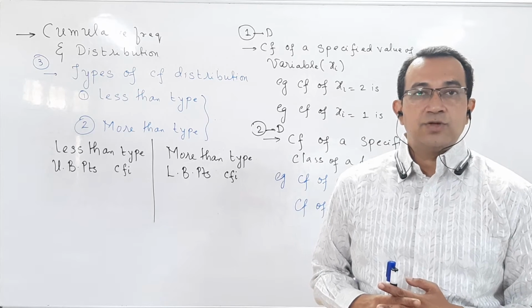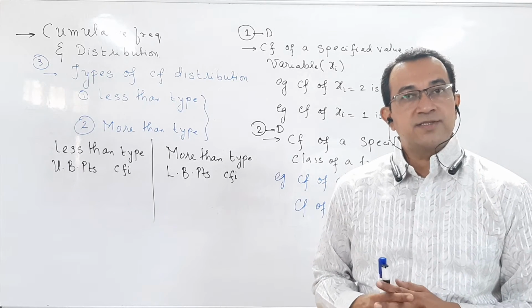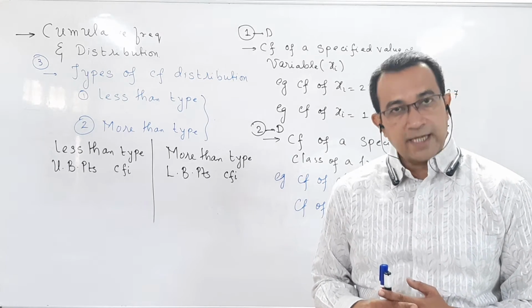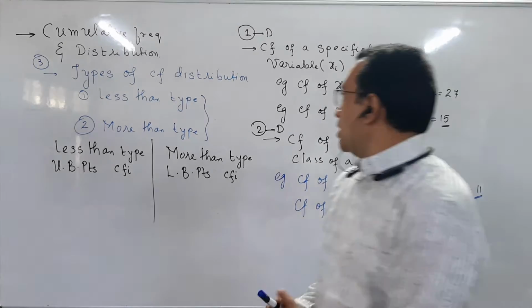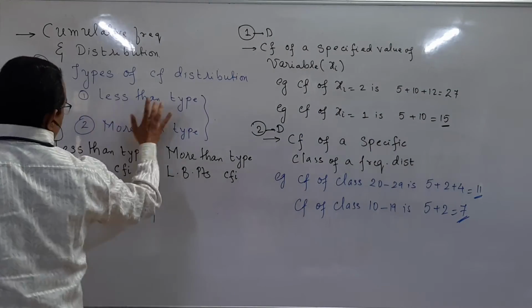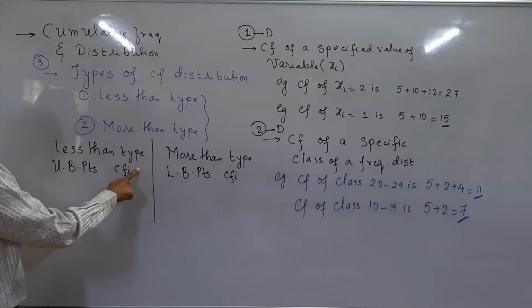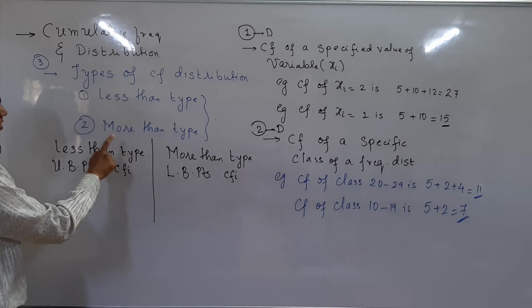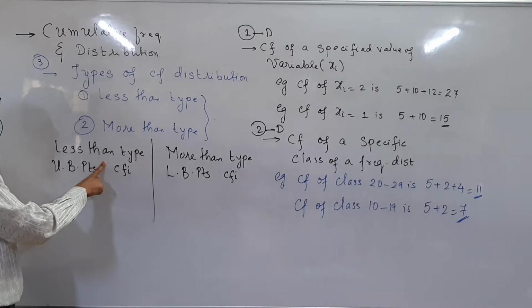In standard 10th we have studied ogives, less than type and more than type. Now, what is the definition of less than type cumulative frequency distribution, and especially for continuous, meaning when classes are there?